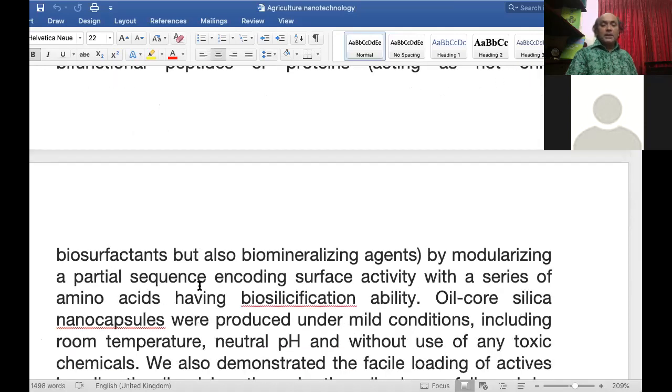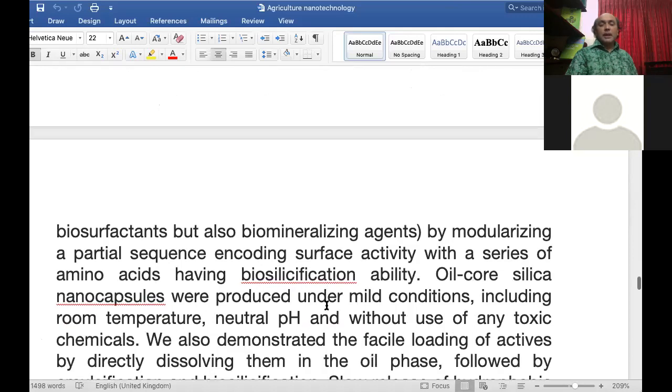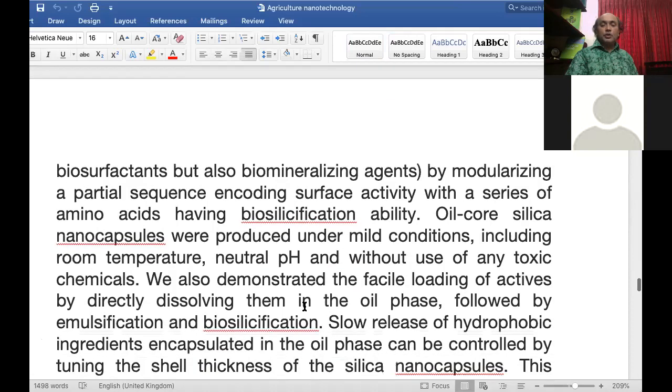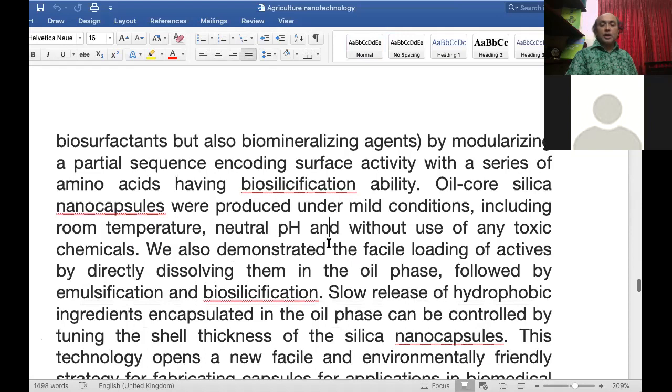modularizing a partial sequence encoding surface activity with a series of amino acid having biosilification, because some amino acid can make a silification. Oil core silica nanocapsules are produced under mild condition, including room temperature, neutral pH, without use of any toxic chemicals.